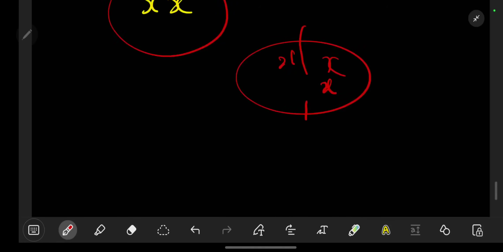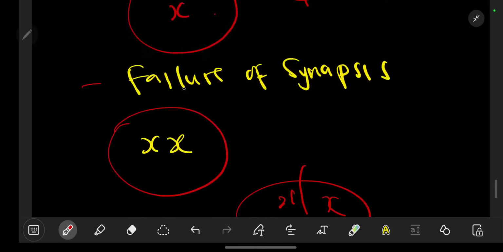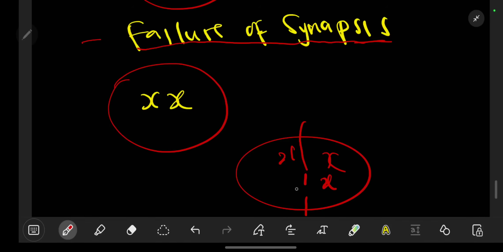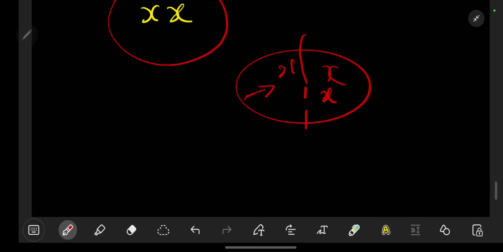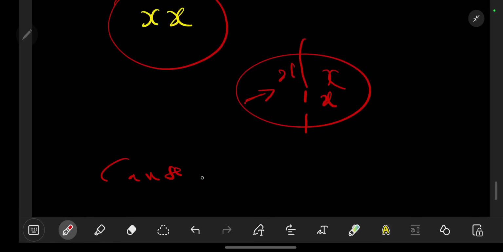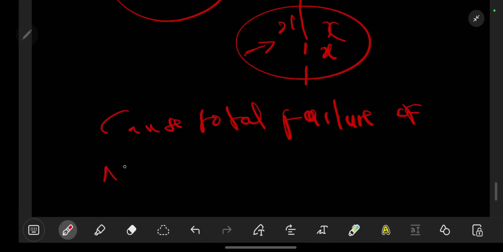So the failure to form homologous chromosomes and failure of synapsis prevent the chromosomes from aligning at the metaphase plate. You should know that the failure of the chromosomes to align evenly at the metaphase plate causes the total failure of meiosis, which renders the mule incapable of reproducing.